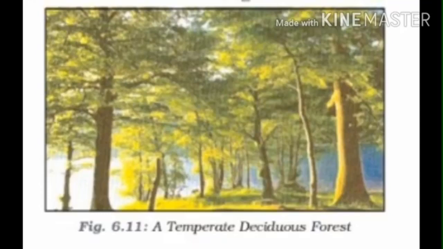This type of forest sheds its leaves in the dry season. Only the evergreen forest does not shed its leaves. Clear? You have to clarify it. Tropical evergreen forest only does not shed its leaves. Tropical monsoon forest, that is deciduous forest, sheds its leaves in the dry season.